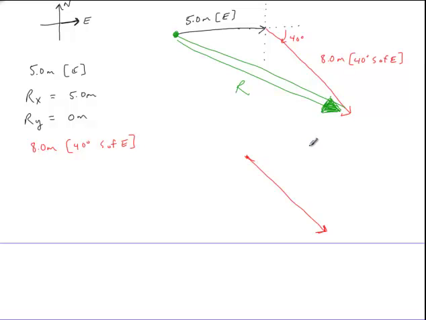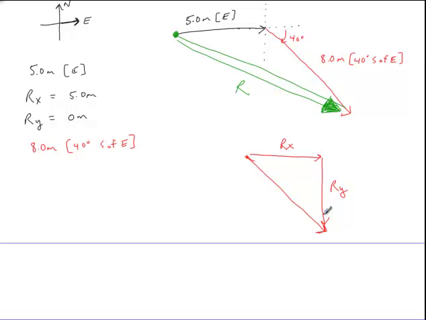The x component is the amount that goes this way, and the y component is the amount that goes this way. Just like on that first example, if I went this way, and then this way, and added them together, my resultant would be this one. Well, I already have the resultant. I want to break it up into its components, one in the x direction, one in the y direction. I go east and then south.